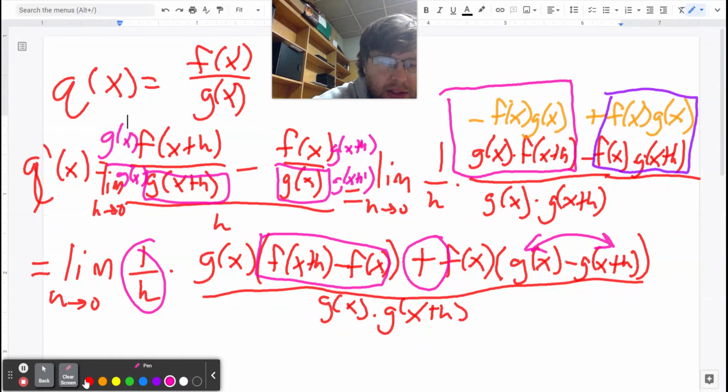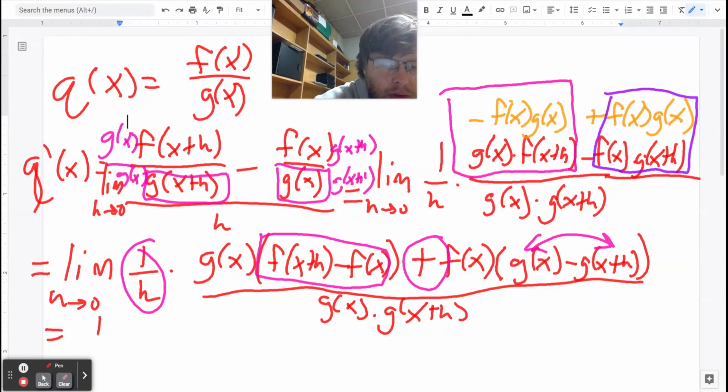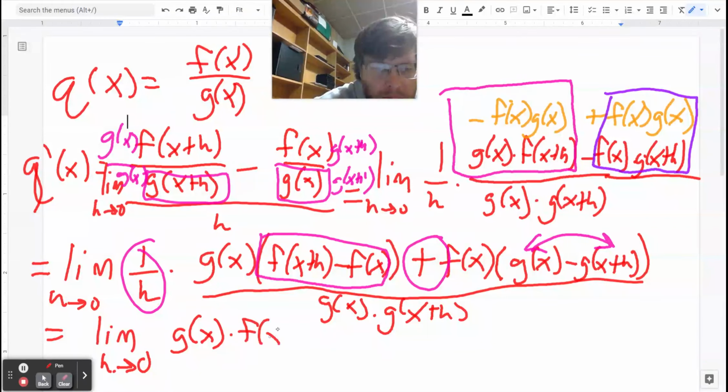All right, so I'm going to rewrite this. So we have limit as h approaches 0 of g of x times f of x plus h minus f of x over h.